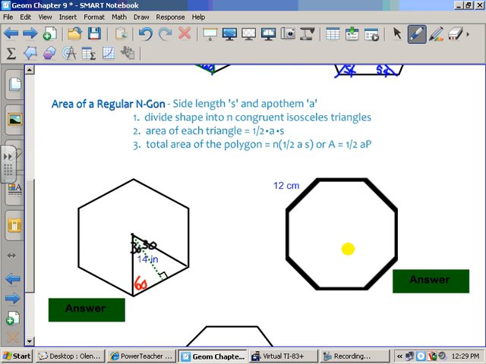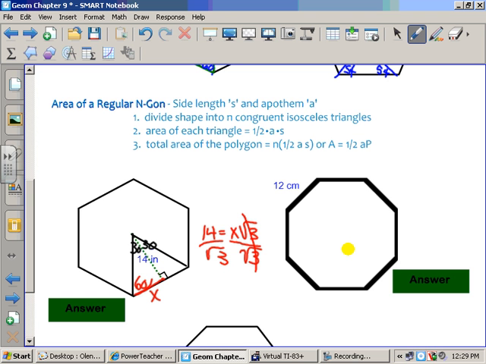Okay? So since 14 is opposite the 60, is that x, 2x, or x square root of 3? X square root of 3. So I know that 14 is equal to x square root of 3. So if I'm trying to find this piece, that would be x, right? So to get x, I would divide by square root of 3. Those would cancel.